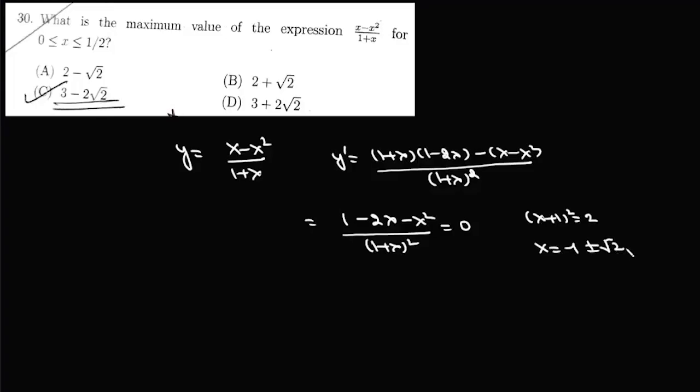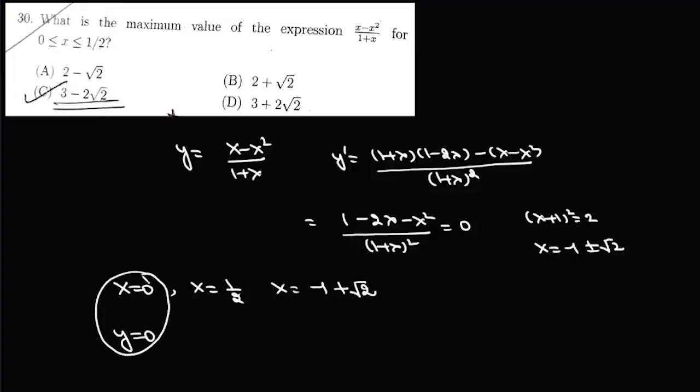Now we have to find the maximum value in this interval. So we have three critical points. Either x is 0, x is 1 by 2, or x is minus 1 plus under root 2. Now if we put x as 0, we'll get y as 0. So this is one value. When x is 1 by 2, y is (1 by 2 minus 1 by 4) upon (1 plus 1 by 2). Now this is 1 by 4 upon 3 by 2, so it will be 1 by 6.